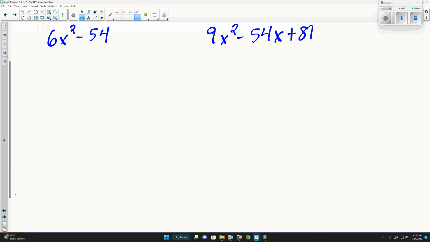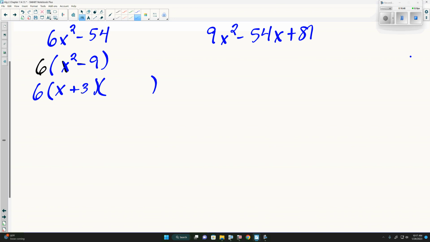Now 6x squared minus 54, is our greatest common factor 6? And if we factor it out, we're left with x squared minus 9. X squared minus 9 is one of the ones we like, yes? Difference of perfect squares. So what times itself is x squared? Well, that's x. What times itself is 9? So we'll get x plus 3 and x minus 3.